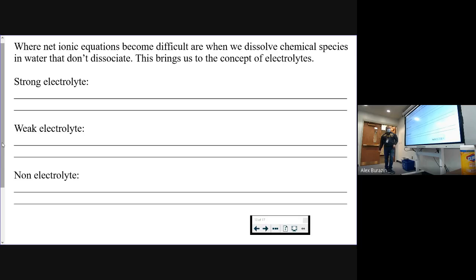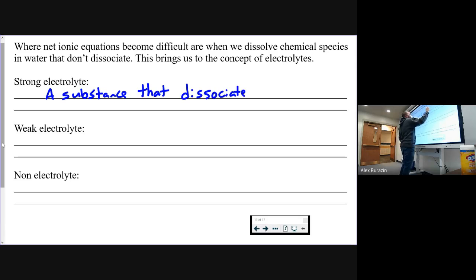A strong electrolyte is a substance that dissociates 100% in water. These are a couple of common categories.